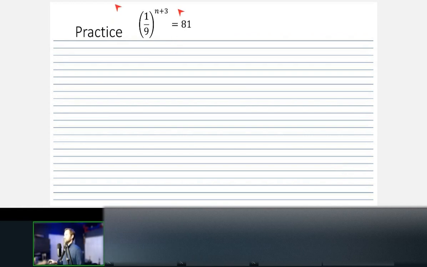Okay, let's do that first. We have, oops, that's my pointer, not my pen. So we have 9 squared. Okay. So now we have 1 over 9 as this base and 9 as this base. We're getting close because we have 9 and 9, but one's 1 over 9 and one's a 9. So any other ideas? I think we're on the right path.